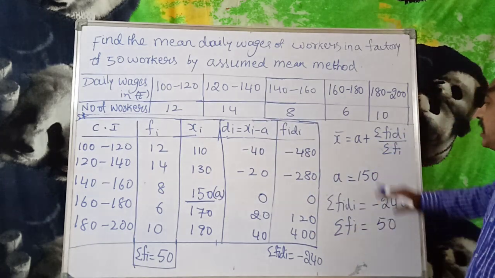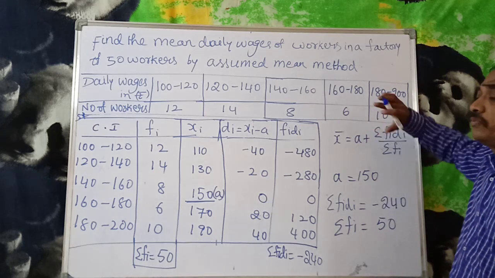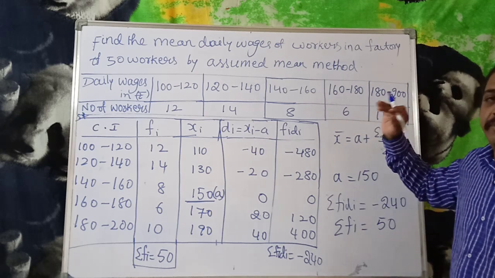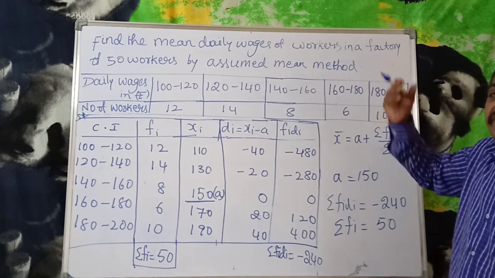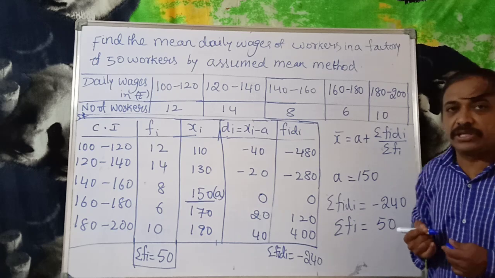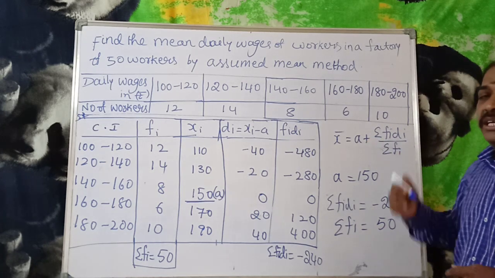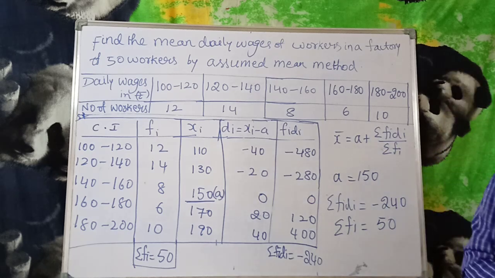Now these values you have to substitute in this formula to find the daily mean wage of the workers in that particular factory. If you substitute in this formula, we obtain the mean.